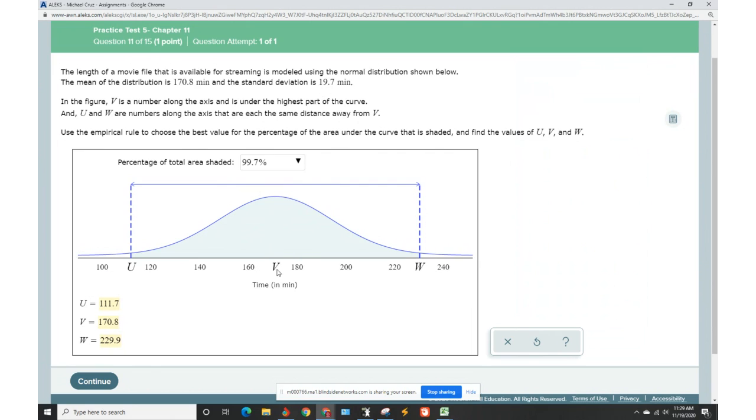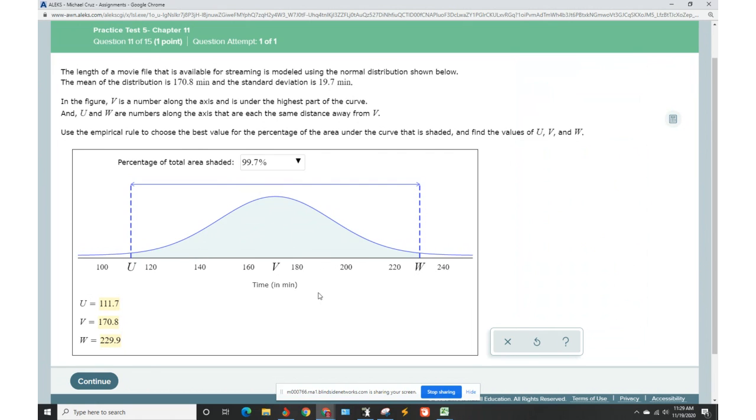Each one of these hops, each standard deviation, is 19.7. So see, there's 1, 2, 3 standard deviations over here. 1, 2, 3. So that's how we found the endpoints.